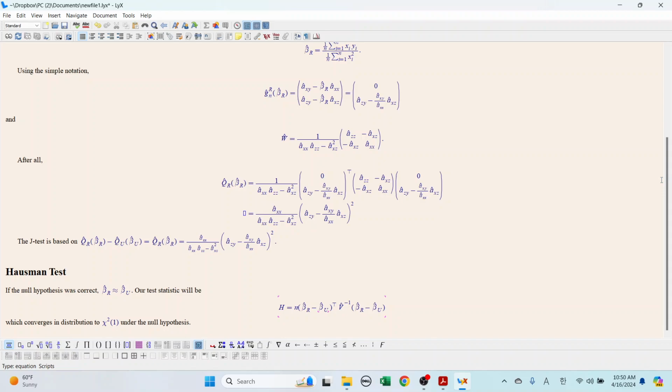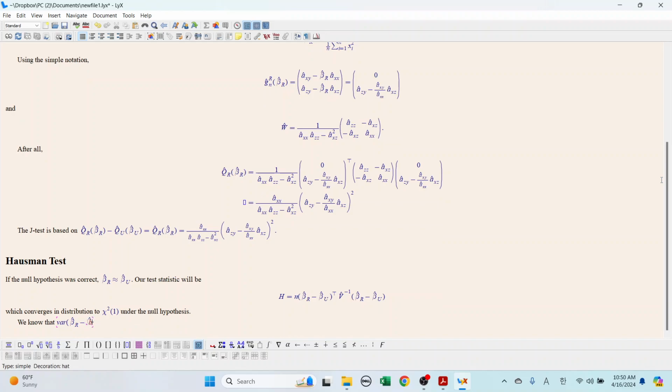We already know the asymptotic variance under the null hypothesis if H0 is correct, right? This is Hausman's theorem.